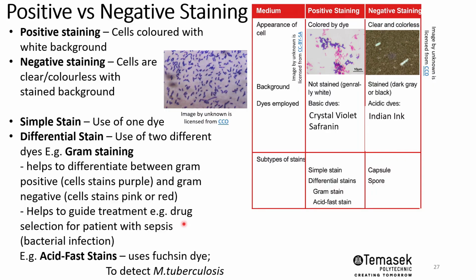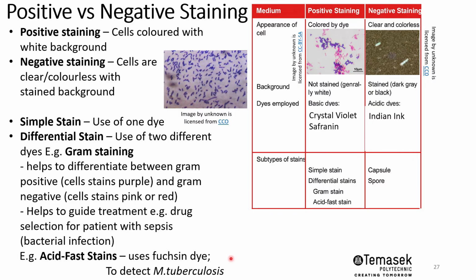Another type of differential stain is the acid-fast stain. This uses a fuchsin dye along with other staining dyes. This is mainly for your information now, to detect Mycobacterium tuberculosis, the bacterial species that's very slow growing, but very important as it causes tuberculosis, an infection in the lungs.